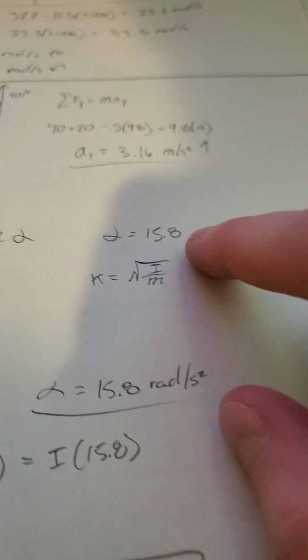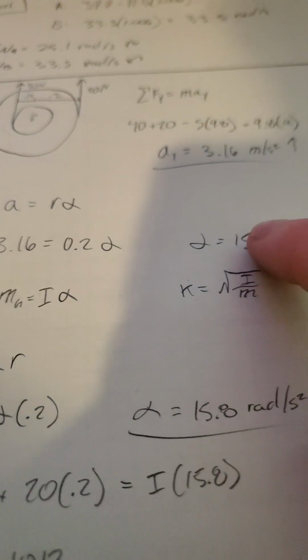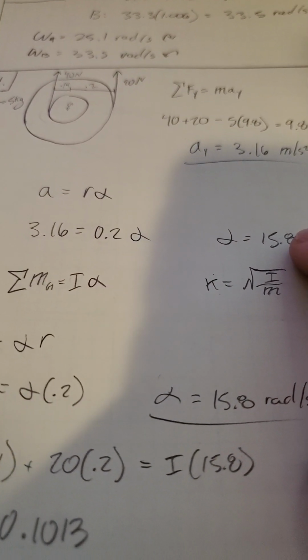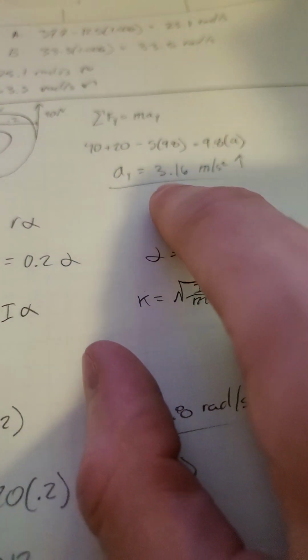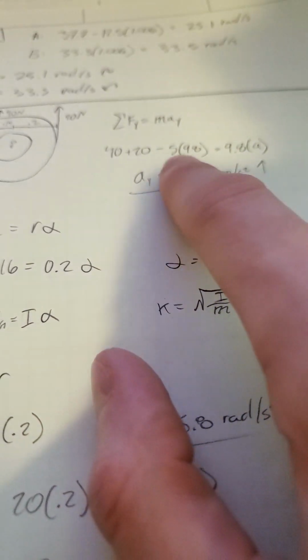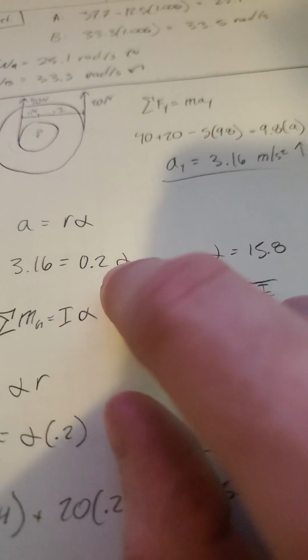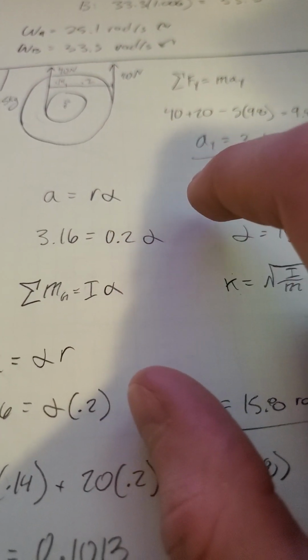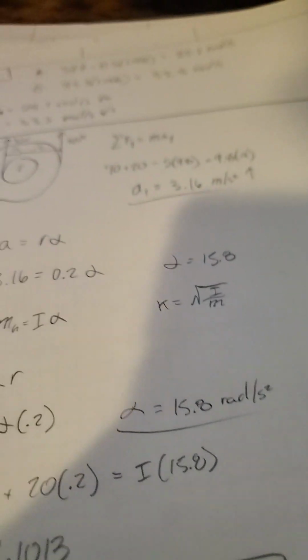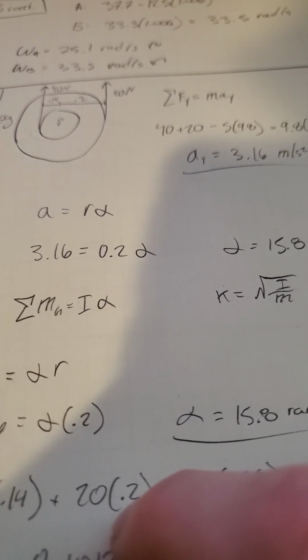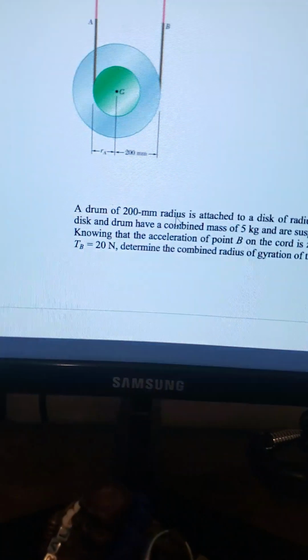So ultimately, I just solved for the angular acceleration, just so I don't have too many unknowns, and that's pretty easy because we can solve for the regular acceleration by just using the net force in the y direction, and then we can use that acceleration to solve for the angular acceleration because we have the radius of the circle itself, which is 0.2, because it's ultimately going to be rotating somewhere in this section because it's getting pulled up right there.